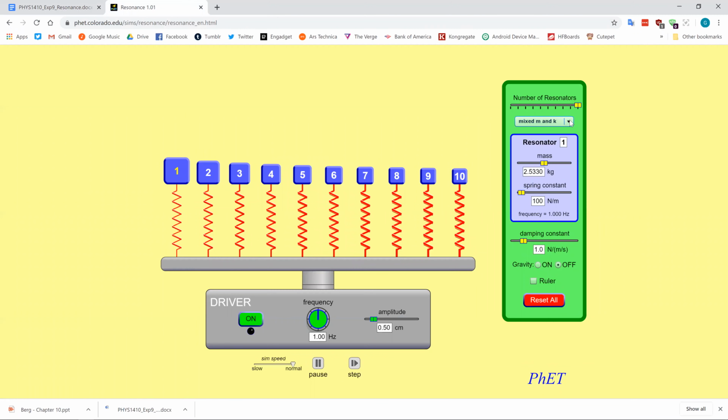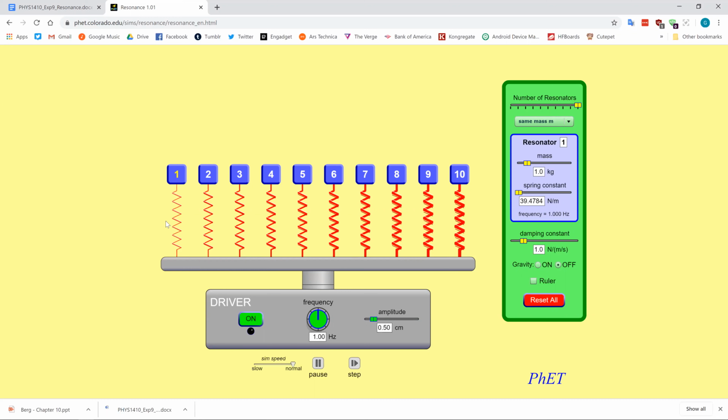So, same mass M. Now what we've got going on here, resonator 1 is the least stiff spring, and resonator 10 is the stiffest spring. The masses are all the same at 1 kilogram, but the spring constants get progressively higher as we go across.